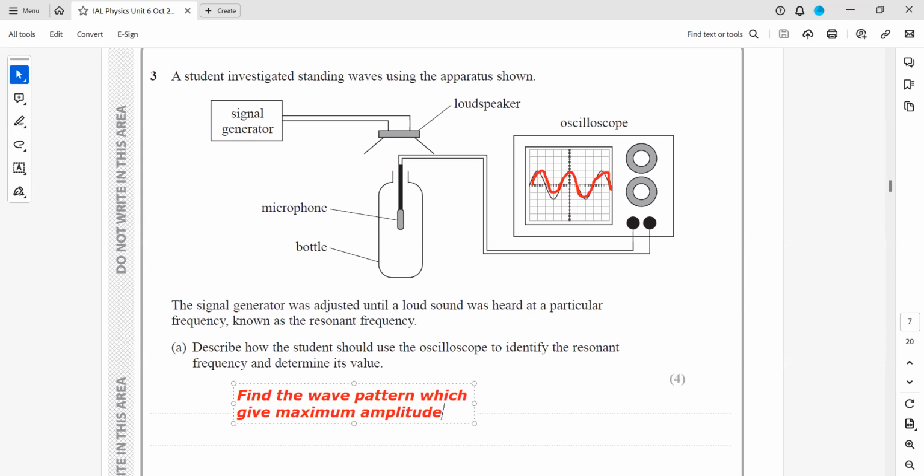Because the wave pattern which gives the maximum amplitude, that is the resonant frequency. We did this in simple harmonic motion: when we force the object to vibrate and it vibrates with a maximum amplitude, we call that frequency the resonant frequency.